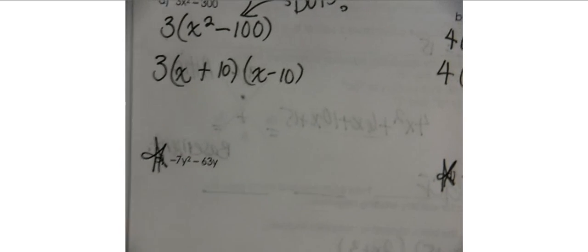All right, let's go ahead and look at letter C and see how well you did. Hopefully for this problem, you were able to see that negative 7y was your greatest common factor. So in this type of problem, you want your leading term to be positive.